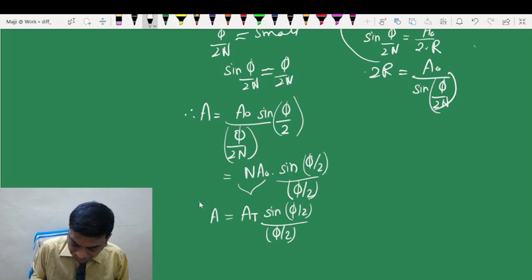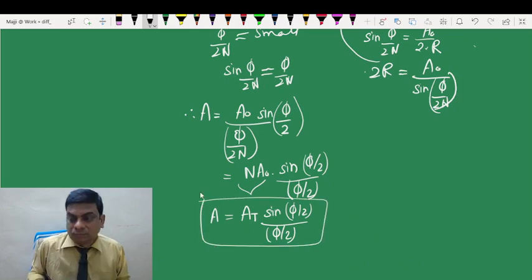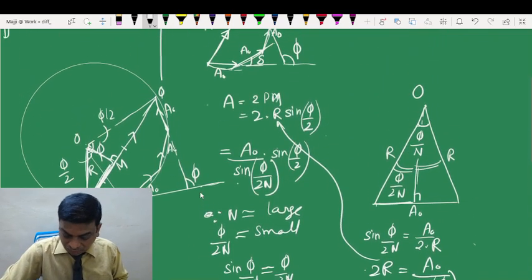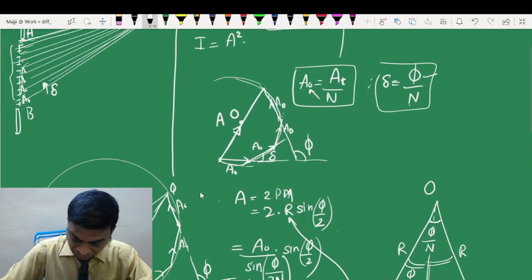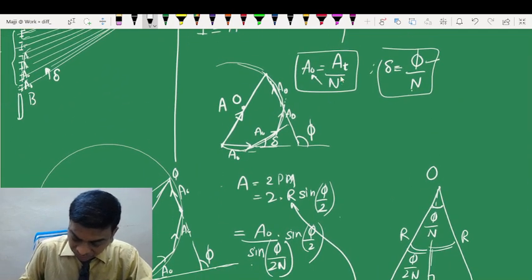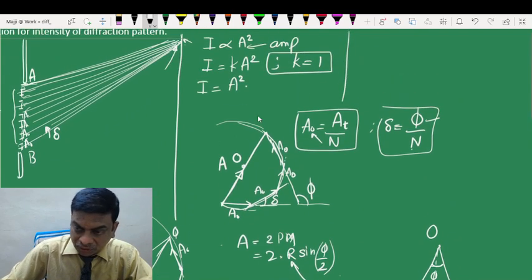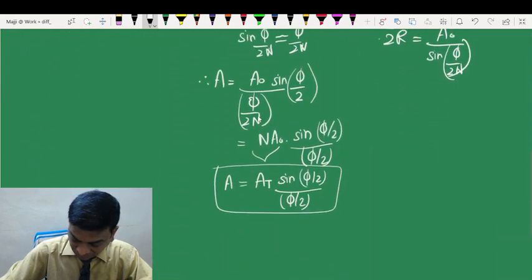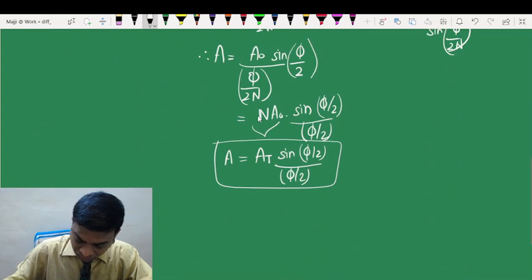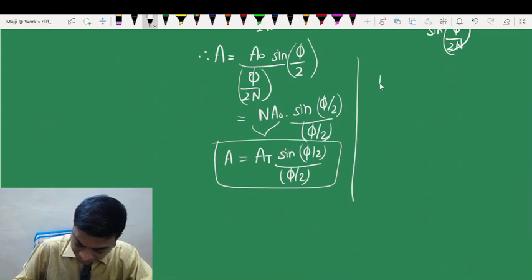Now, what is A total? The total amplitude due to all the waves put together. So now can I write intensity, which I took as the square of amplitude.